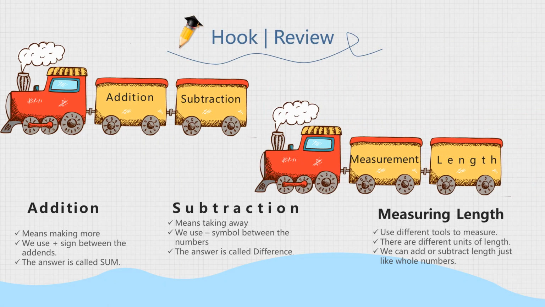So let's review what we know. Addition. What do we know about addition? Addition means making more. And what is the sign for addition? Make an addition sign or addition symbol with your fingers. We use this symbol between the addends.